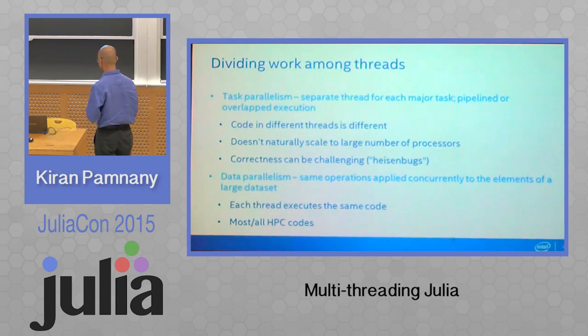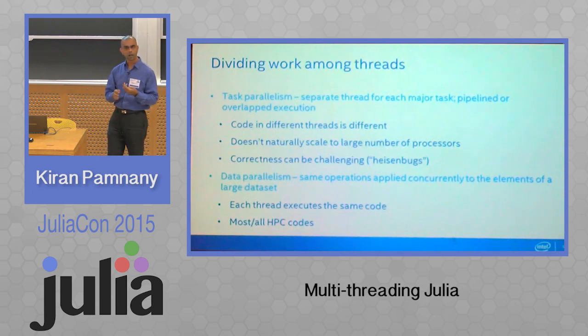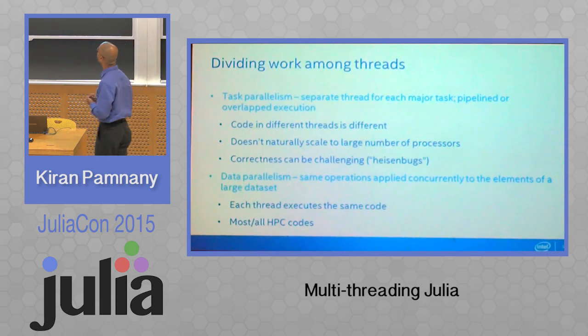Task parallelism is what you see in lots of server-type applications or applications that run on one or two machines, where you have different threads running different pieces of code, different thread functions, and they're all interacting with each other through some form of queues, semaphores, whatever. This clearly doesn't scale very naturally. In particular, it's very hard to figure out whether you've caught every race condition between all your threads, because you have to reason about all thread interleavings between different pieces of code.